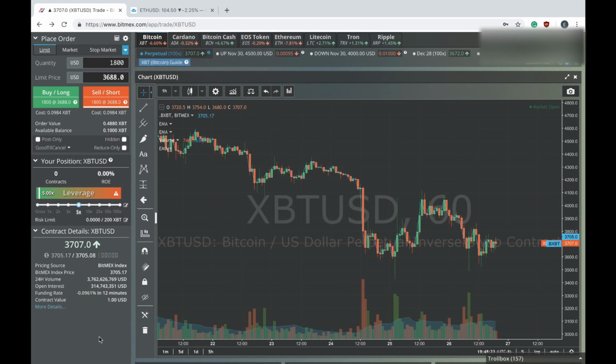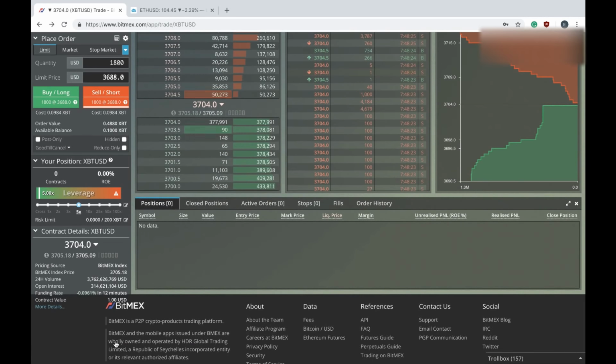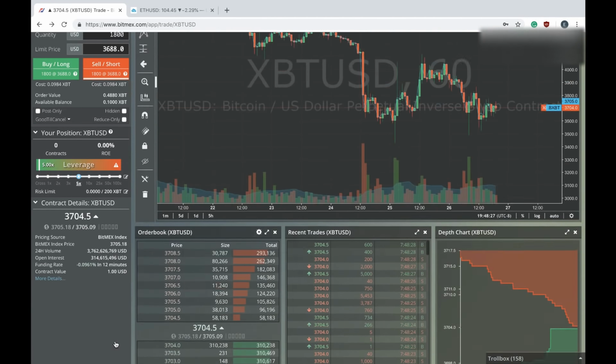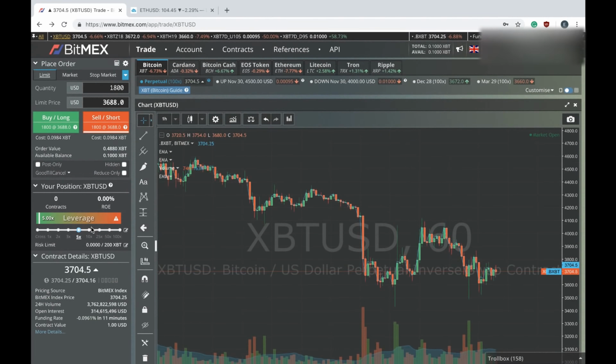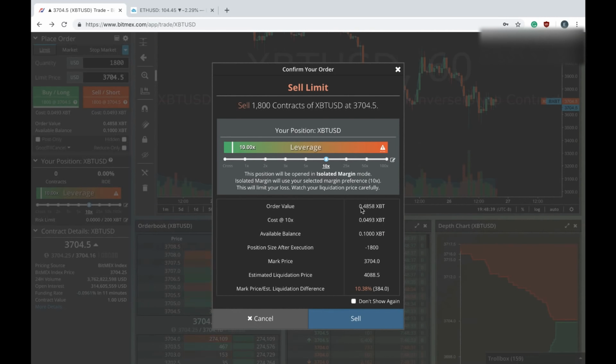And then another thing with leverage trading comes liquidation. When you enter a position, I won't actually enter it, but let's say I want to short at this price. So this pops up when you try to enter a position: the order value, the cost at 10 times leverage, what your balance is, position size, mark price.